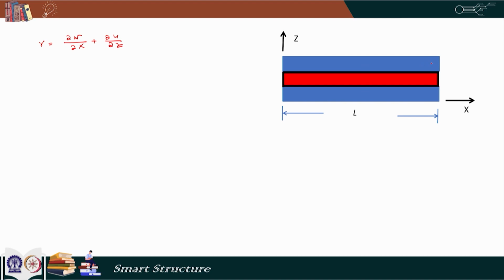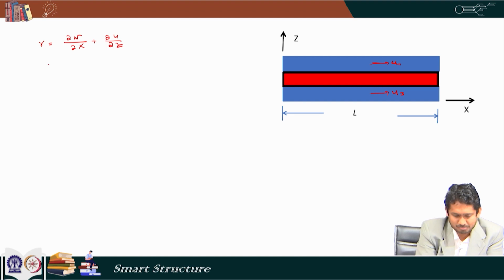Now, let us denote U1 as the displacement at the middle of the top layer. So, at any x, U1 is denoted as the displacement at the middle of the top layer, and U3 is the displacement at the middle of the bottom layer.